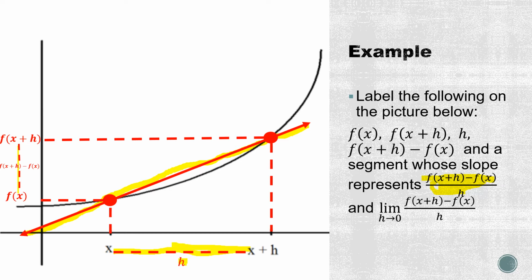I need to shrink h all the way back down to 0, and when I do that, I'll be sitting right here at this point. So I reduce h to 0, and I get a line that touches my graph right here at this one point. And so the limit as h approaches 0 of f of x plus h minus f of x over h is my tangent line at the point x.